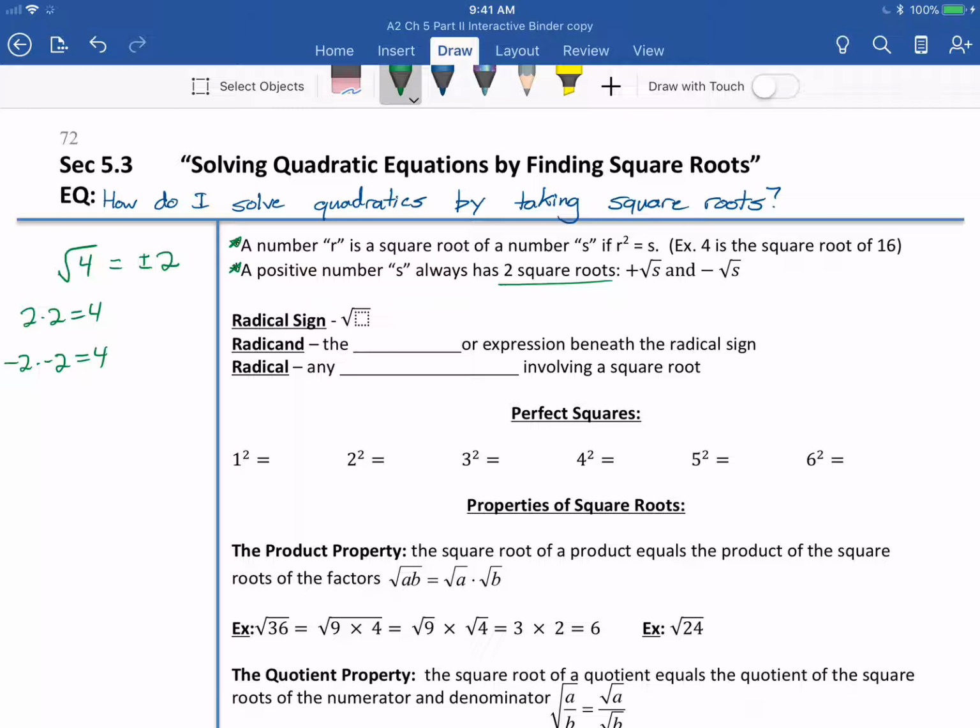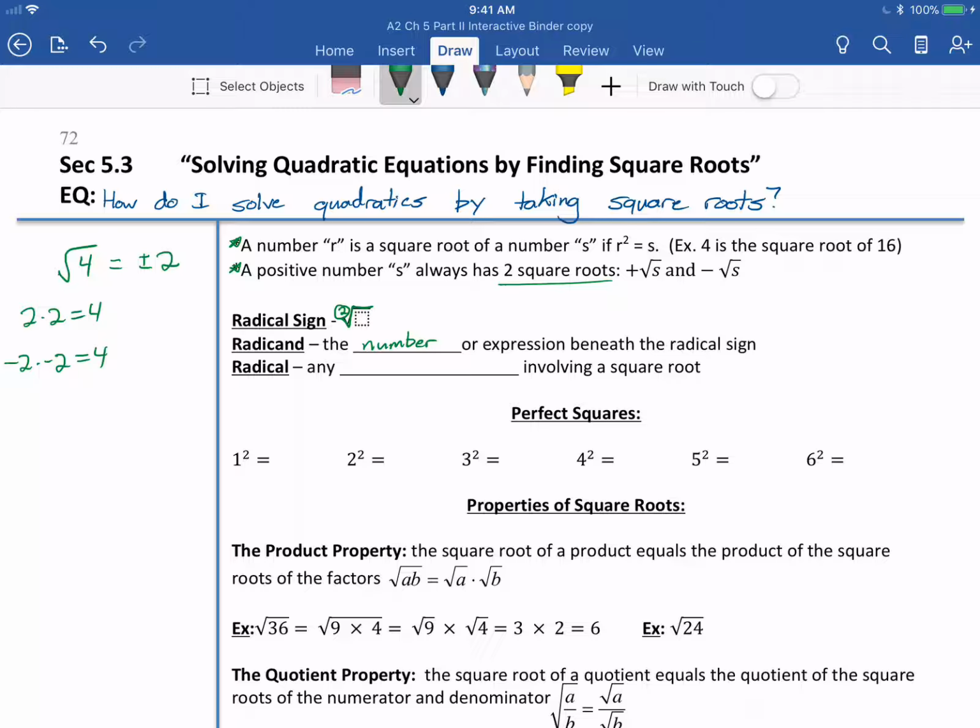All right, just a couple of vocab words as we get in here. A radical sign is literally just that, radical. Here, if it doesn't have anything above it, like right here, it is a 2. We're going to look at cube roots, fourth roots and different things like that coming in the next couple chapters. But just here, square roots is what we're looking at. All right, so the radicand is actually the number or the expression that is underneath that radical.